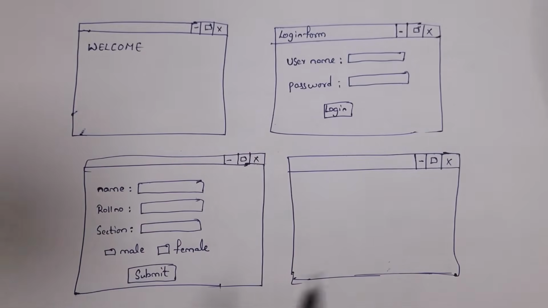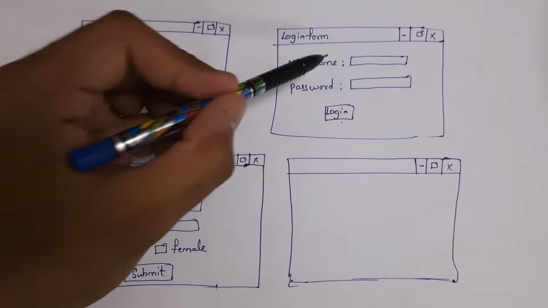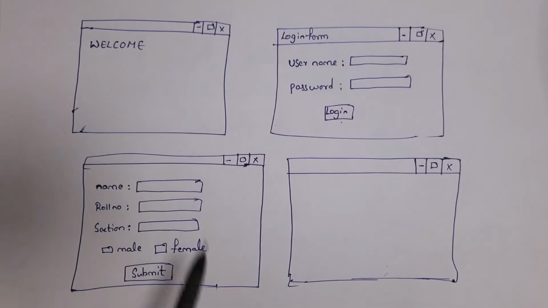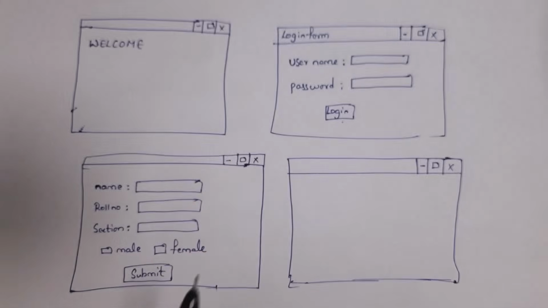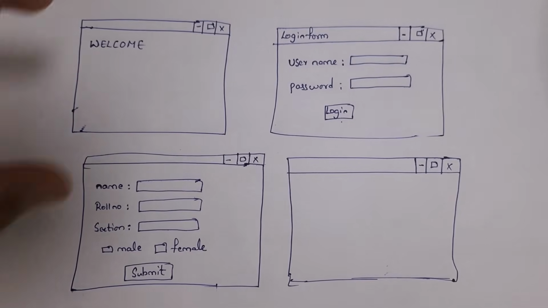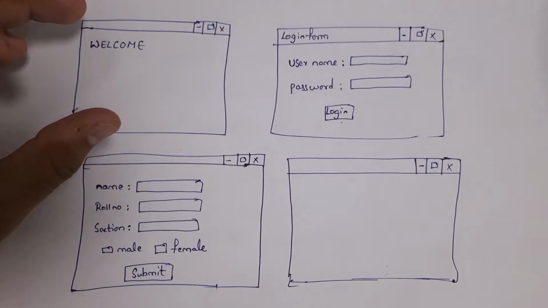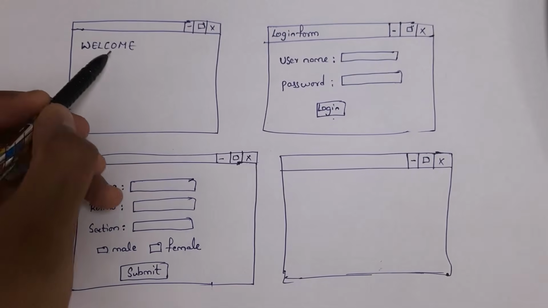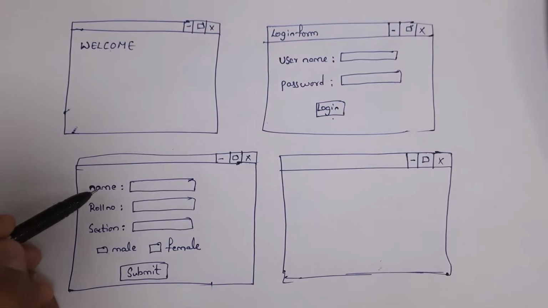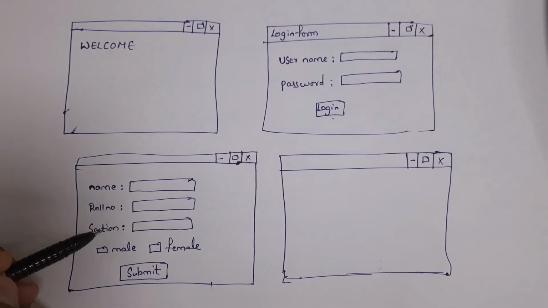These are various examples of graphical user interfaces. This welcome window, login form, student registration form, all these are considered as GUI, that is graphical user interface. We can create a graphical user interface by importing the tkinter module in Python. Here welcome, username, password, name, roll number, section, all these are considered as label widgets.